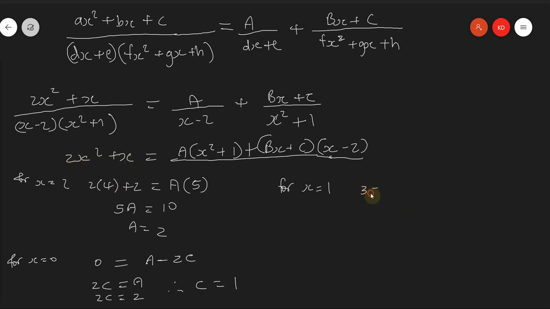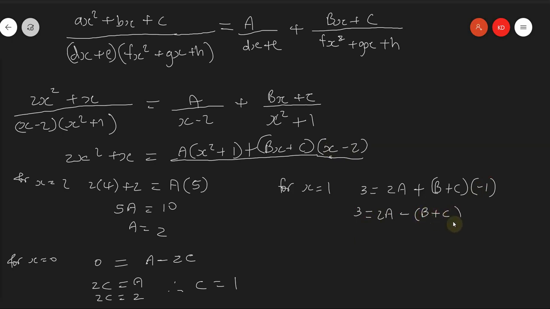So 3 is equal to, and that's 1 plus 1, so that's 2a, plus b times 1, that's b, plus c multiplied by, remember x is 1, so that's 1 minus 2, so therefore it's a negative 1 there. Great. So let's just simplify this a bit. So that's 2a minus b plus c.